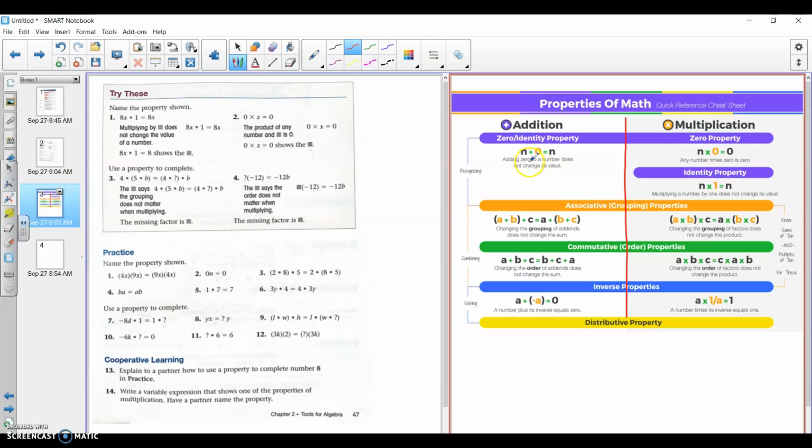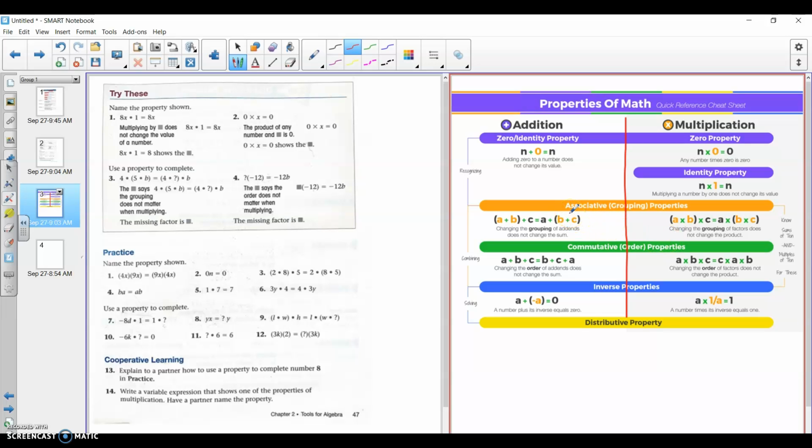Adding 0 to a number is the identity property of addition. So if you add 0 to n, you're still going to get n, just like 3 plus 0 is 3. Then notice the associative property is on the addition and the multiplication side, and the commutative property is on the addition side and the multiplication side.